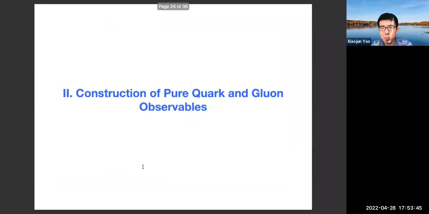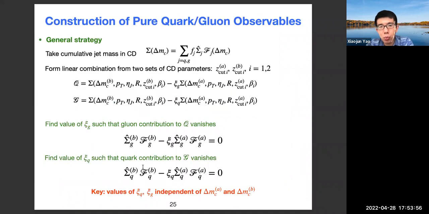Okay, this prepared us well for the real construction of the pure quark and the pure gluon observables. Let us just move on to that. We will use the cumulative jet mass distributions in collinear jet, which I have defined, and we constructed a factorization formula, including both perturbative and non-perturbative contributions in the small jet mass region.